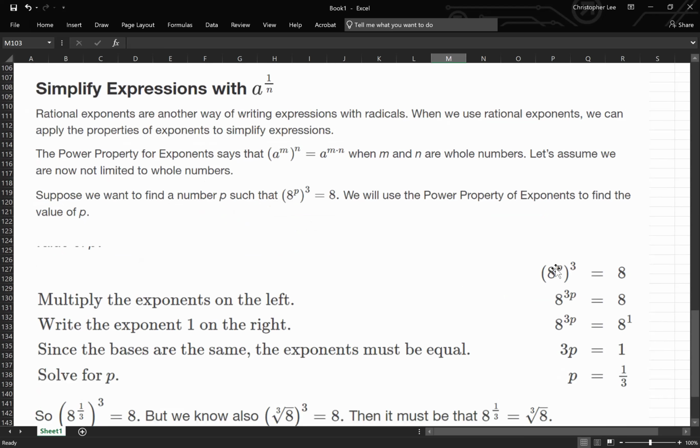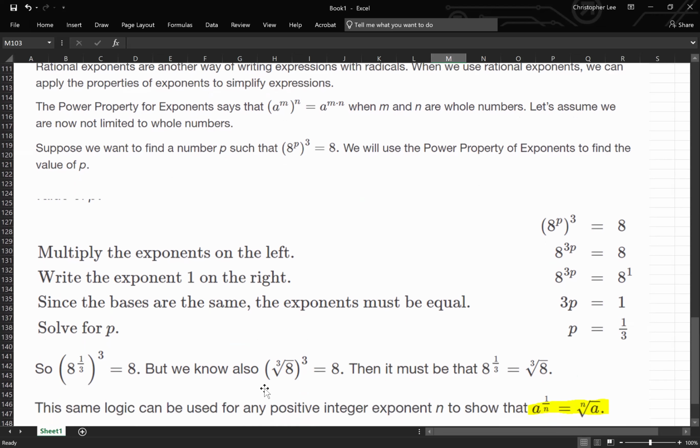So 8 to the p power raised to the third power is equal to 8, right? We can just simply make this 8 to the 3 times p power is equal to 8 to the 1 power. You set them equal to each other, solve for p, and you're done, right? That's the magic sauce.